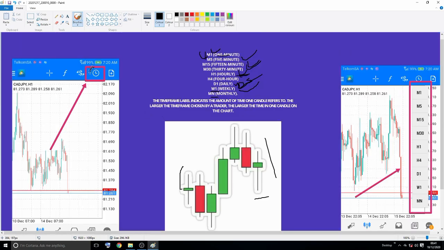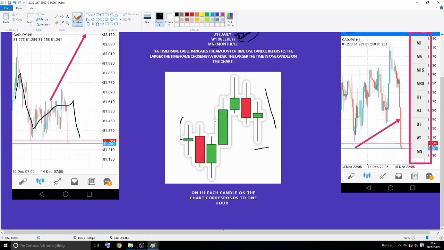So this is where you choose your chart. Remember, this is where you choose your time frame. So if you are on a 1 minute, it means this candlestick means 1 minute. This one represents 1 minute. They all represent 1 minute.